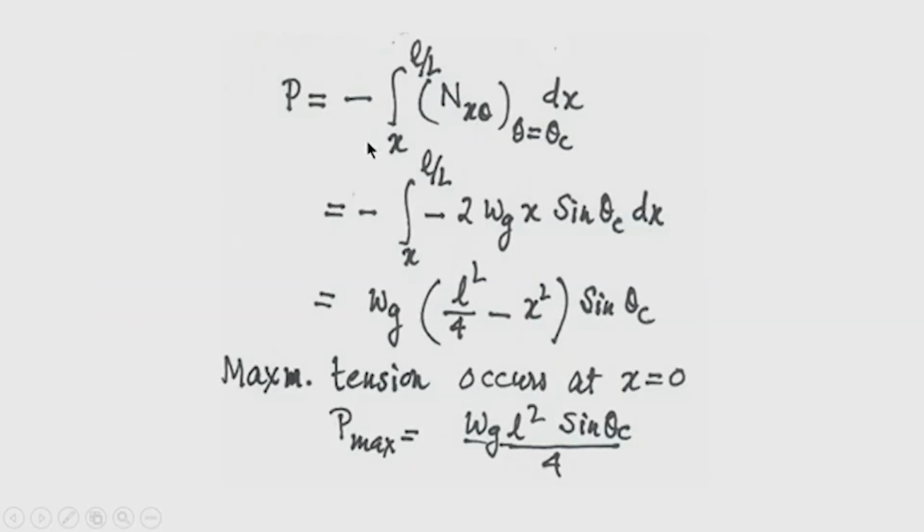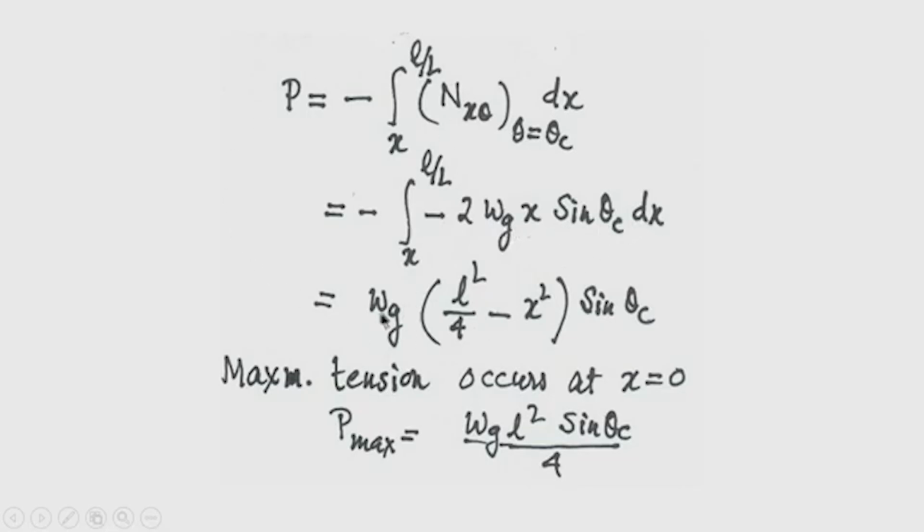So, P is now calculated at a distance x. So, therefore, we put the lower limit x, but if it is calculated from 0, that is the center, then we put the lower limit 0. So, P is equal to minus integration x to L by 2 of the quantity n x theta evaluated at theta is equal to theta c with respect to dx. So, substituting the value of n x theta as minus 2 w g x sin theta c dx.